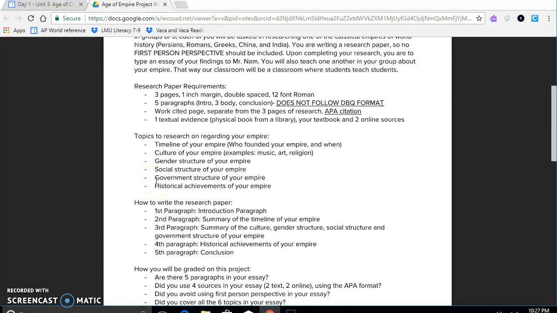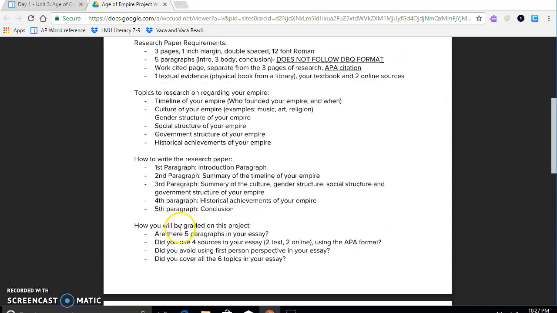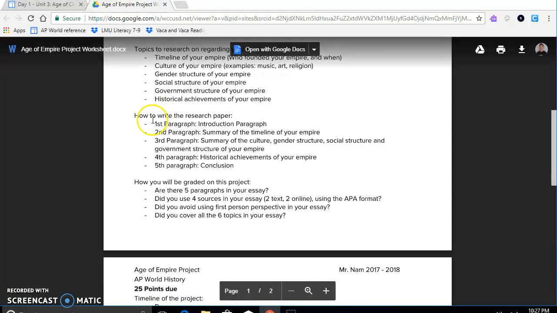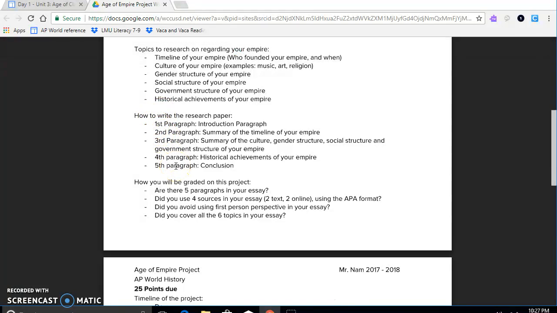Things that they should be covering are the timeline, culture, gender structure, social structure, governmental structure, and historical achievements. They'll take that information and write a 5-paragraph essay, and I also go over the rubric of the paper with them so they know how it's going to be graded.